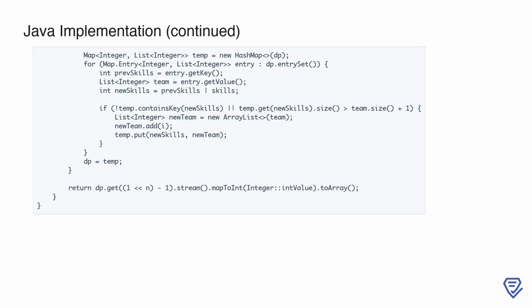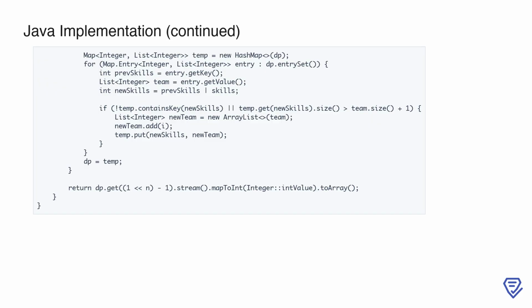Next, we handle the dynamic programming transitions. We create a temporary copy of the current state of the DP map, which we will update as we process the current person's skills. For each existing skill set in DP, we calculate the new skill set that can be achieved by combining the current skill set with the skills of the current person. This is done using a bitwise OR operation.